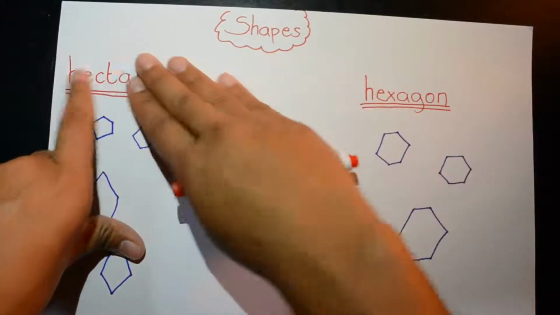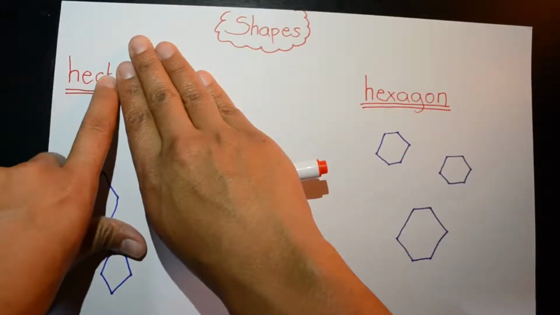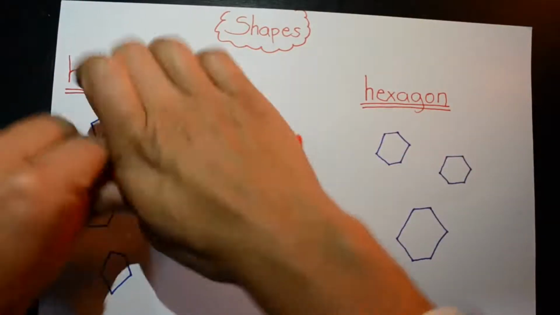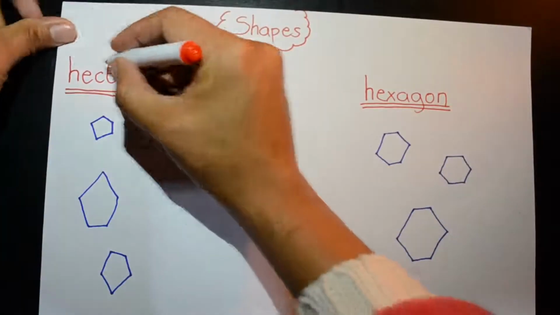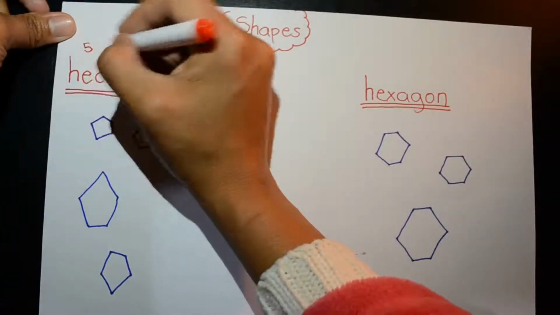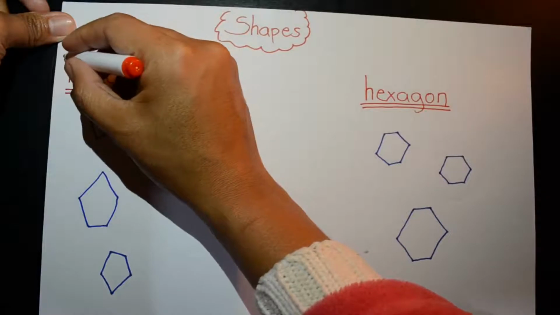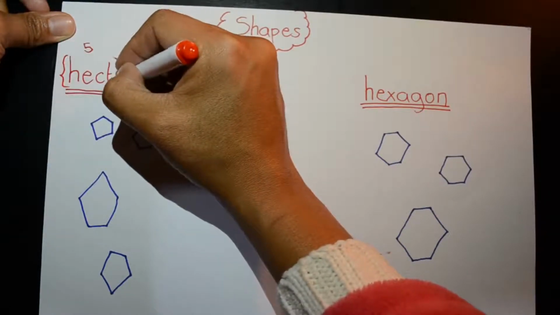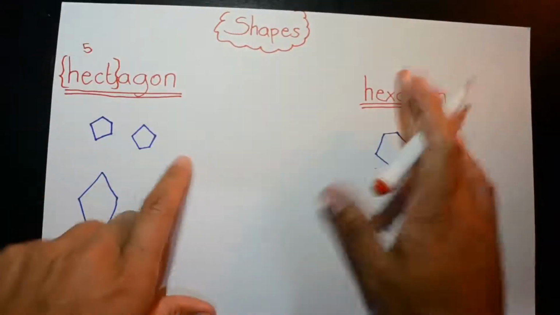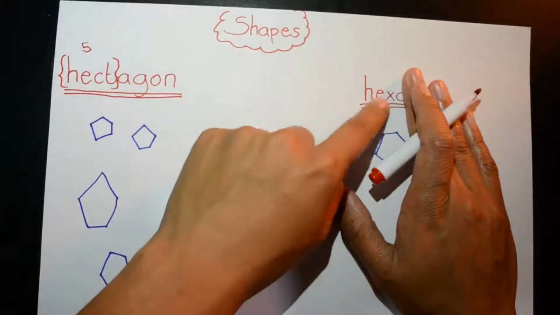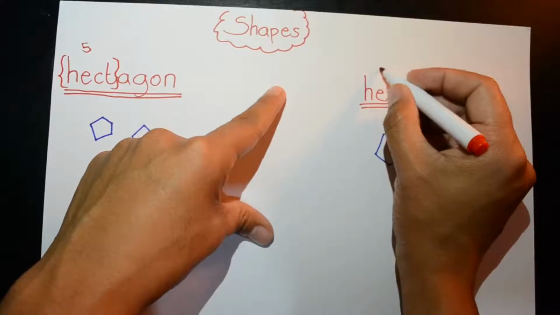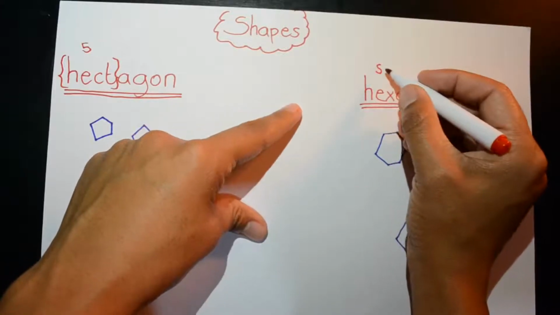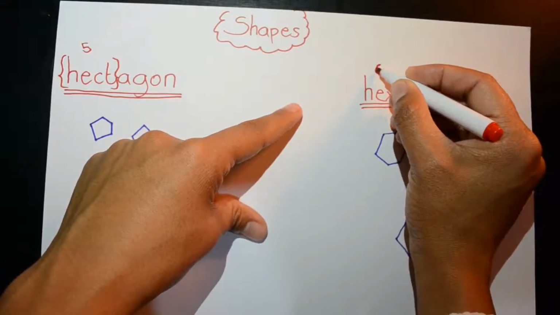So whenever you see this hect part, you must always remember that that is 5 sides. This hect piece here is to show you that you have 5 sides. And whenever you see this hex, just remember it has 6 sides.